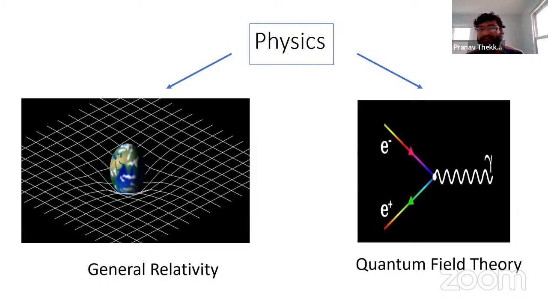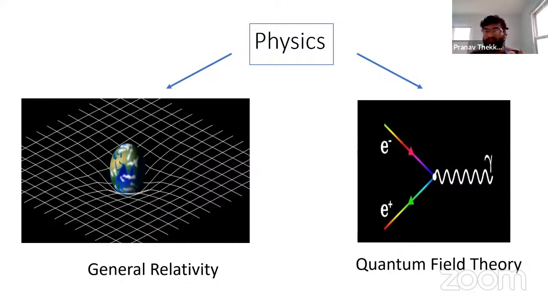To begin with, if you look at the branch of physics, we have these two theories, these two models of the universe, which are the most successful models that we have right now. One is general relativity, the other one is called quantum field theory. Any physics that you observe right now, you can put into one of these two baskets.